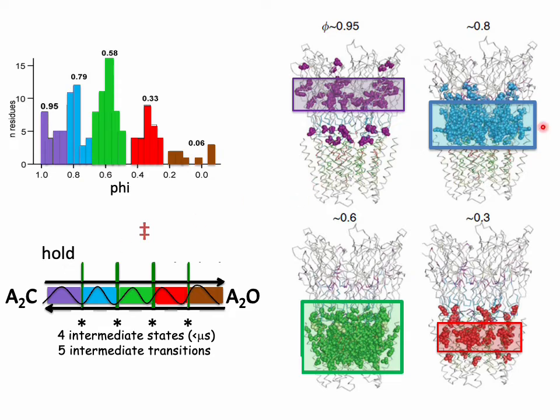So in the extracellular domain, there is a small twisting motion, as well as an unblooming motion or a contraction from C to O. But I'm going to give that one the name twist, for the blue conformational change.